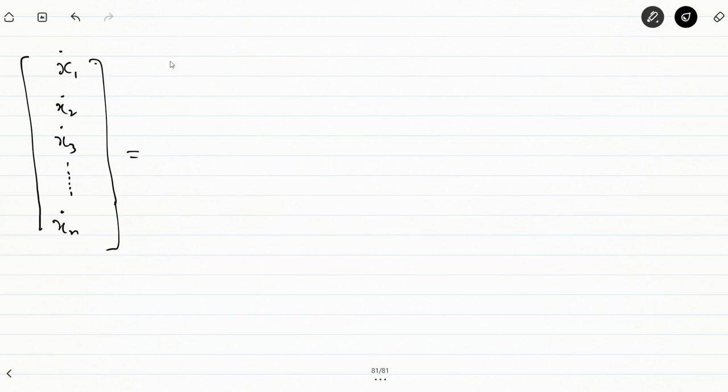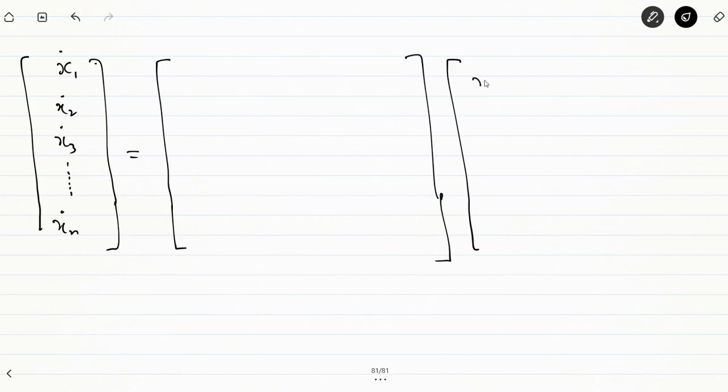The matrix form: x1 dot, x2 dot, x3 dot, and so on up to xn dot, is something times x1, x2, x3, and so on up to xn, plus something times u.